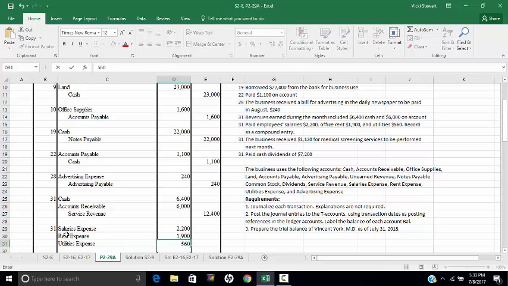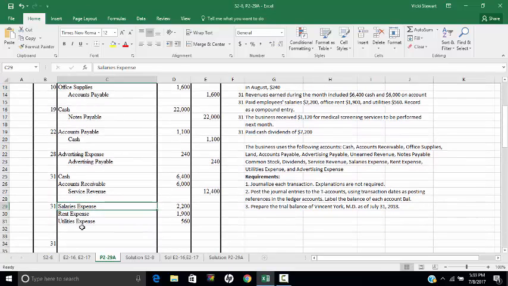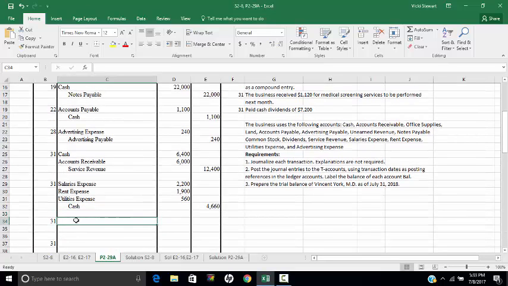And then we're going to credit cash for the total of all three of these, which is $4,660. So we can always have more than one debit or more than one credit, but the two sides still have to equal. And that's $4,660.